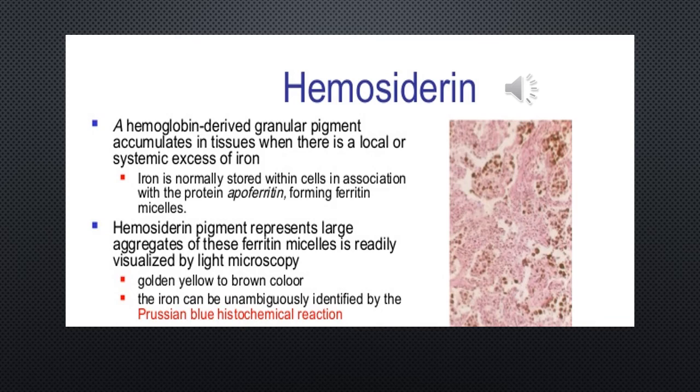Okay. These apoferritin forms ferritin micelles. Large aggregates of ferritin inside the cell are representation of hemosiderin.